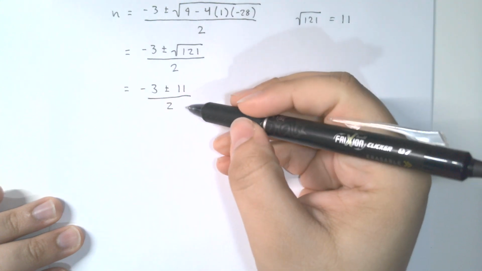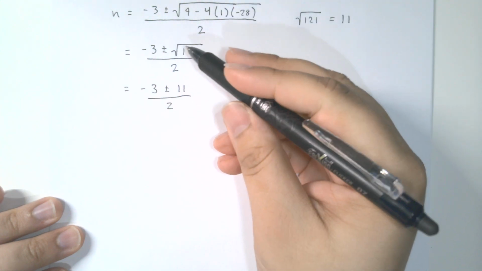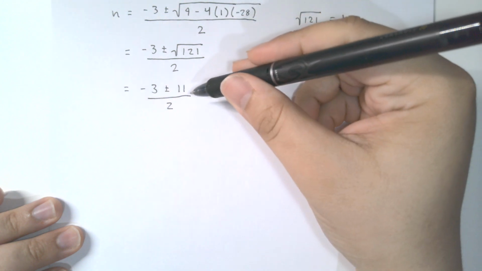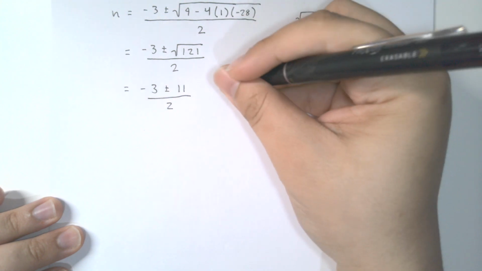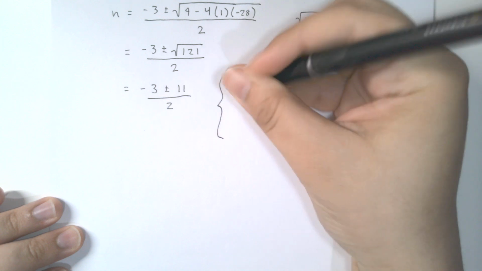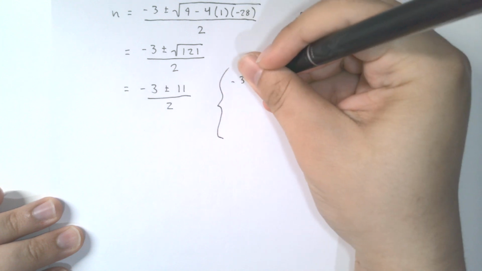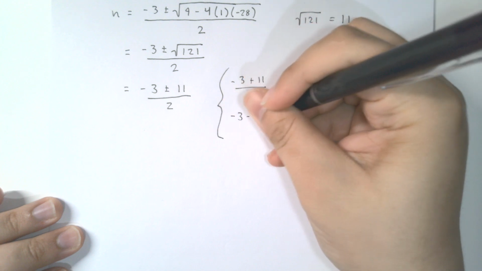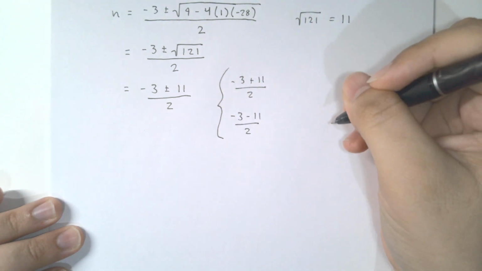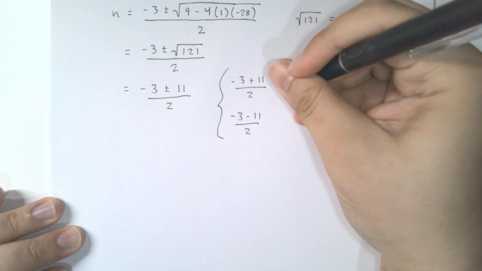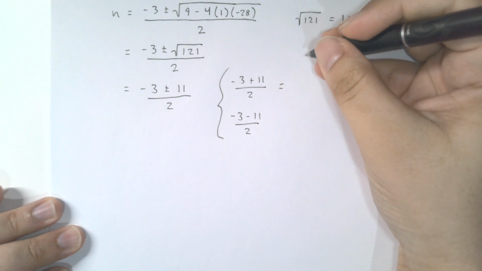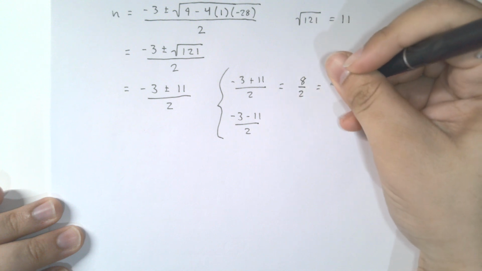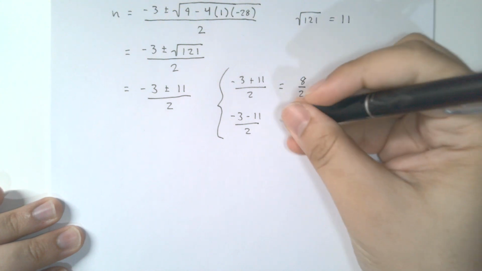And since we have rational numbers here, we don't have any more square roots, we actually want to state what both of those solutions explicitly are. And that's why we break it up as negative 3 plus 11 over 2 and negative 3 minus 11 over 2. When we do that, we have negative 3 plus 11, so that's going to be 8 over 2, which is 4.